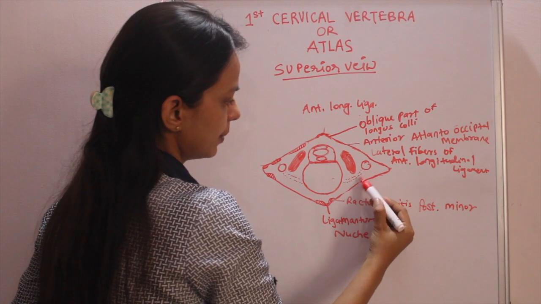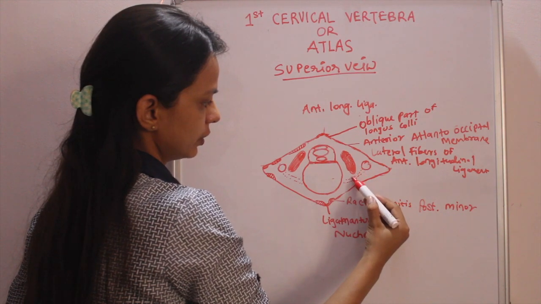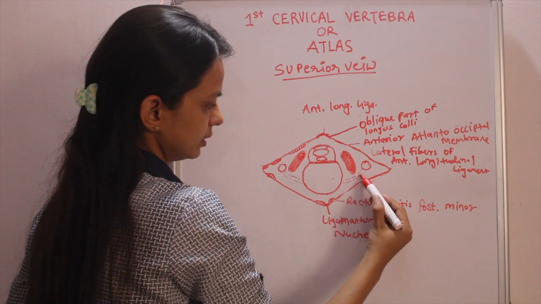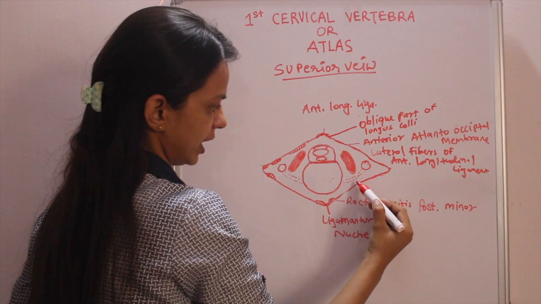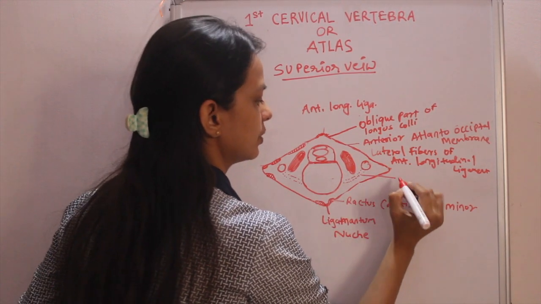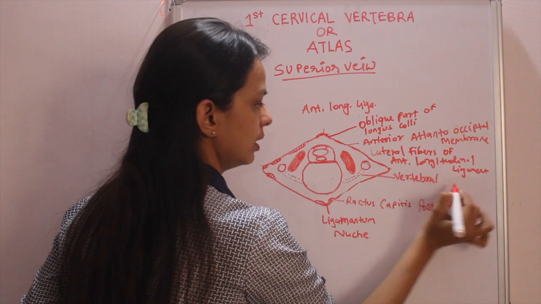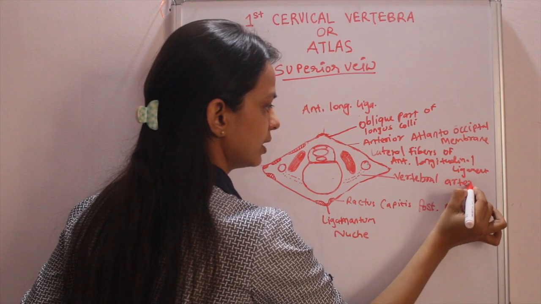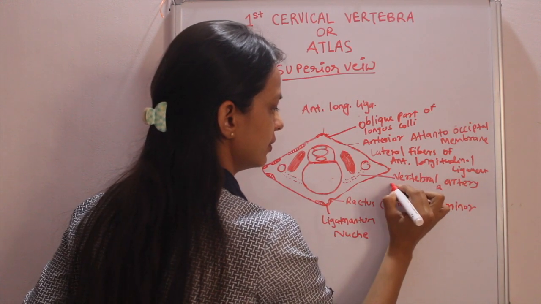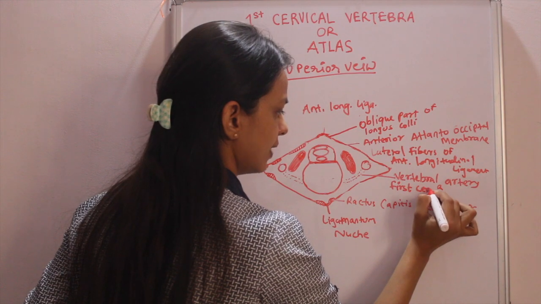Here this is the upper surface of the posterior arch, and there is a groove at the upper surface of the posterior arch. This groove is occupied by the vertebral artery and first cervical nerve.